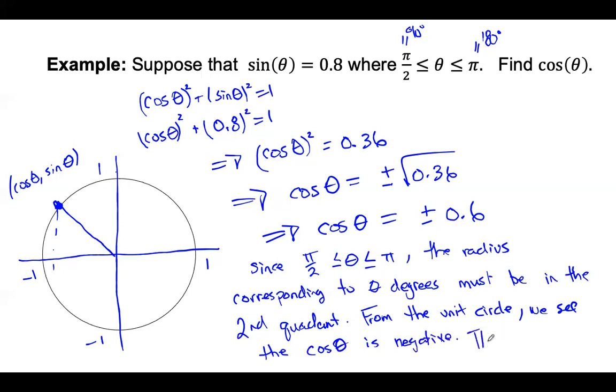So thus, cos of this angle is equal to negative 0.6. I'll just draw the angle on this.